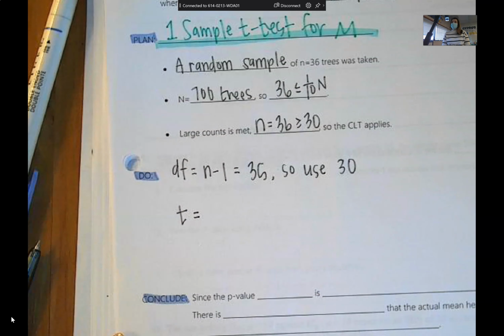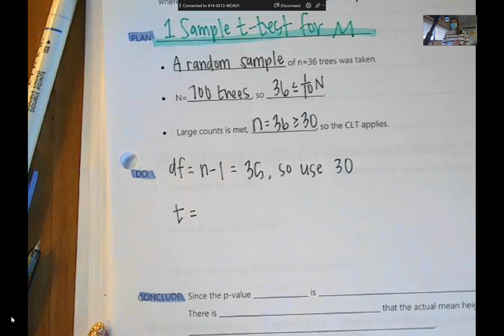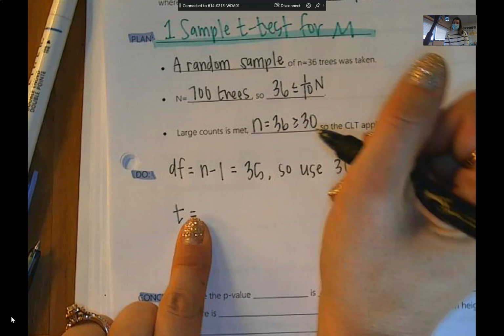I'm going to write out the calculation, but then use my calculator to actually find it. So it's our sample mean, which was 6.8, subtract our null, which is 6.2, divided by the standard deviation of 1.8 over root 36.